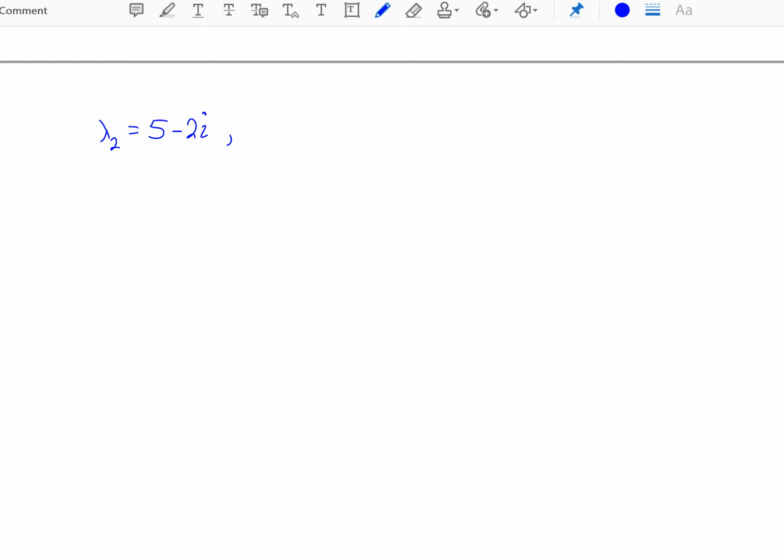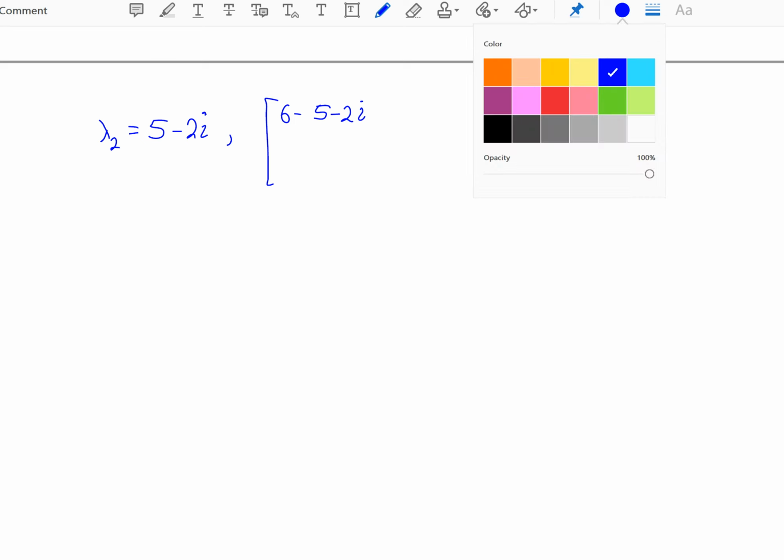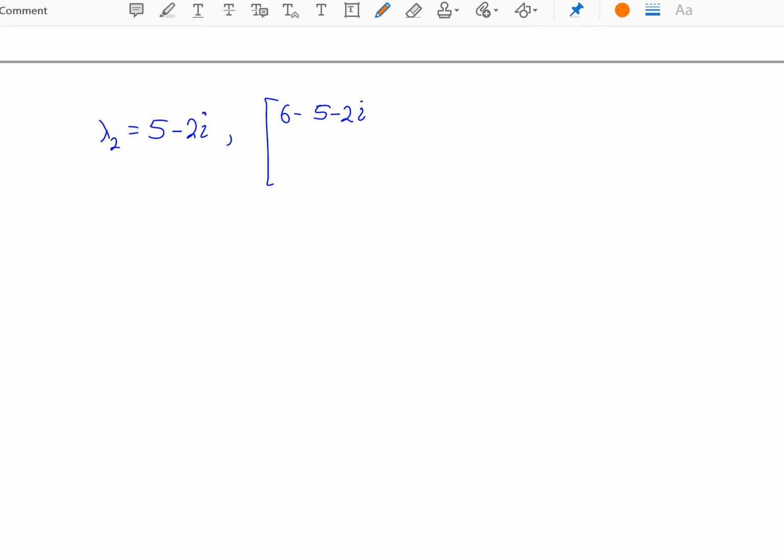To find your eigenvector, recall you always look at what happens when you subtract this eigenvalue off your main diagonal. So this will be 6 minus (5 minus 2i). And I really need to emphasize that you use parentheses to avoid sign errors here.